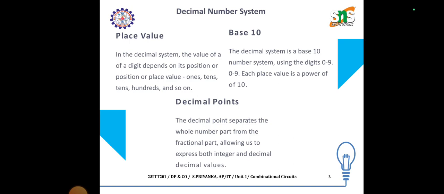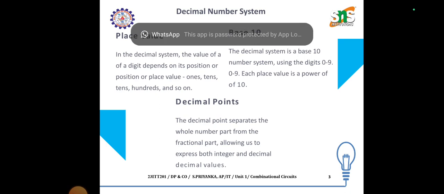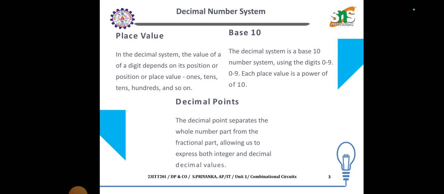Here, the decimal number system mainly consists of place value, base 10, and decimal points. Place value: the value of a digit depends on its position, ones, tens, hundreds, and so on. Next is base 10.